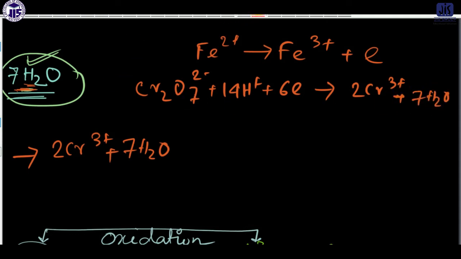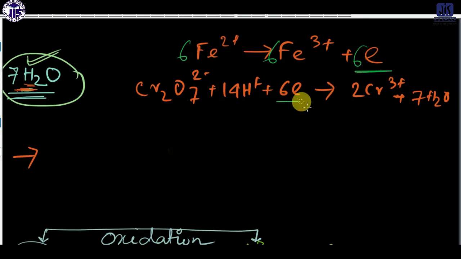Now look here: to keep the number of electrons the same, we have to multiply the first equation by 6, so that the 6 electrons and 6 electrons cancel out. For this purpose we multiply the oxidation reaction.